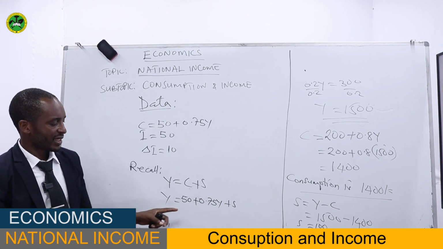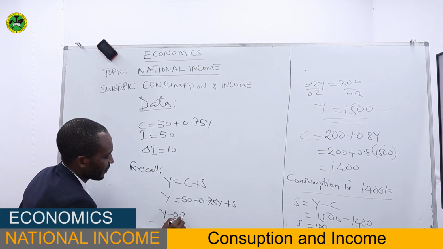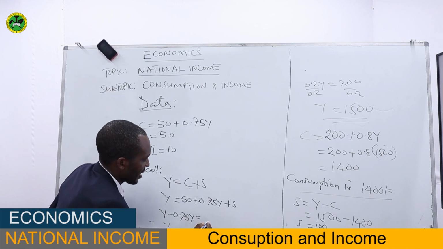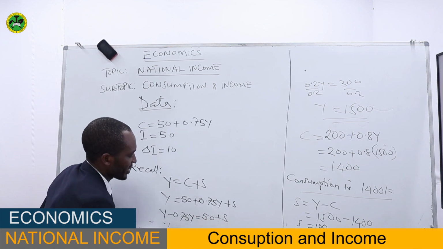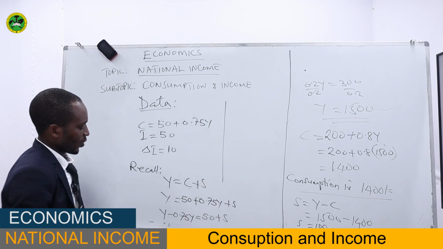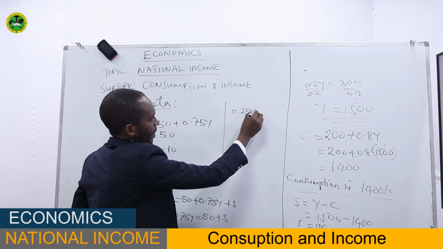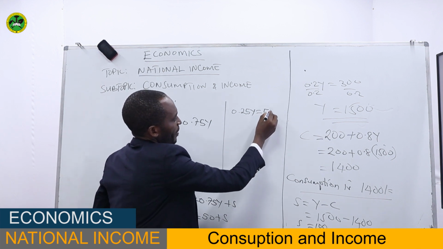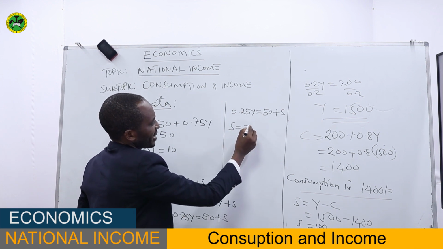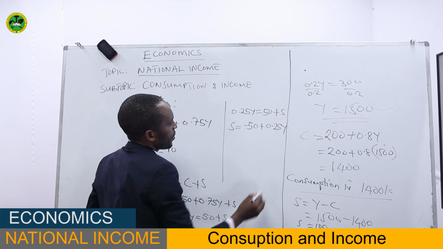So you collect the like terms, y and y. When this one comes to this side, it will be y minus 0.75y equals 50 plus S. When you simplify this, it will be equal to 0.25y equals 50 plus S. Make S the subject, so S will be equal to, when this one comes over, it will be negative 50 plus 0.25y.